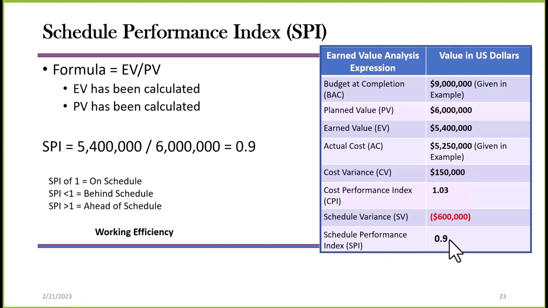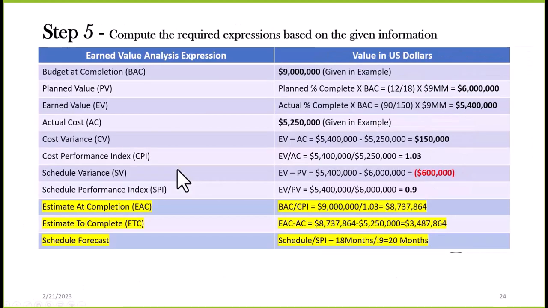We've calculated the BAC, planned value, earned value, actual cost, cost variance, cost performance index, schedule variance, and schedule performance index. What do we do with those numbers? Other than the fact I know that I am behind schedule and I know that I am under budget, we can take those numbers and we can forecast.